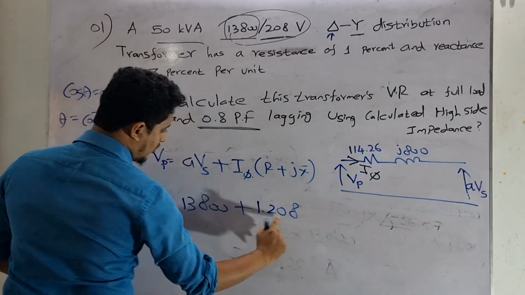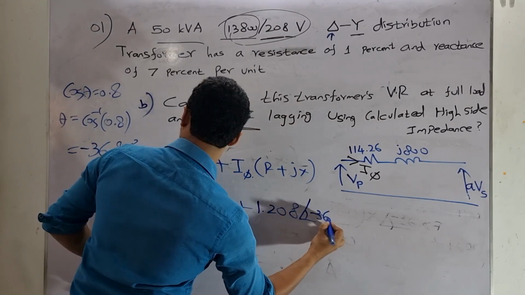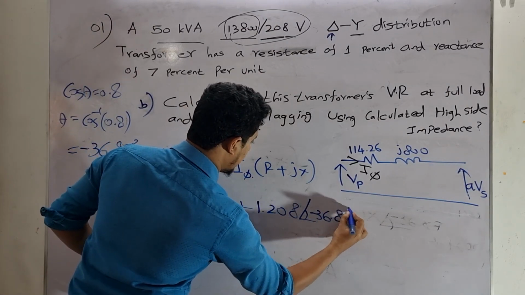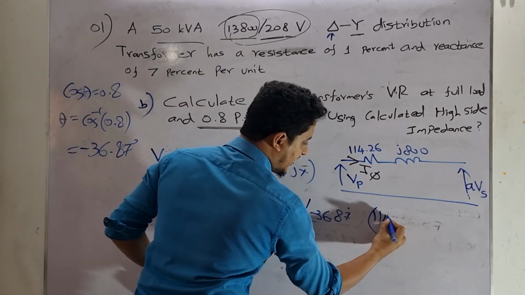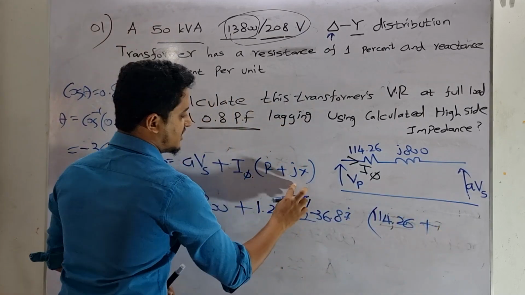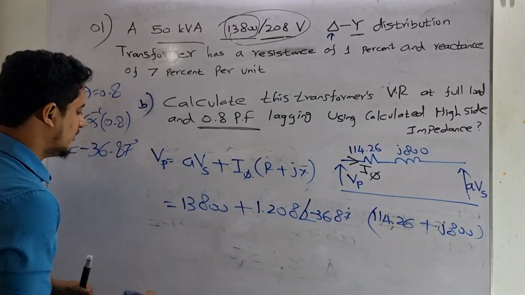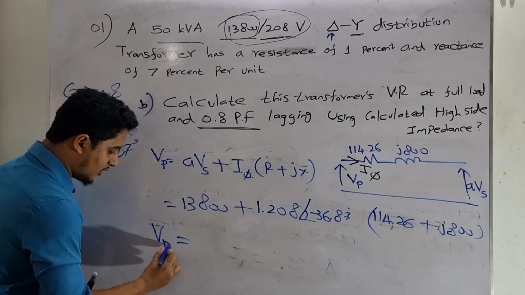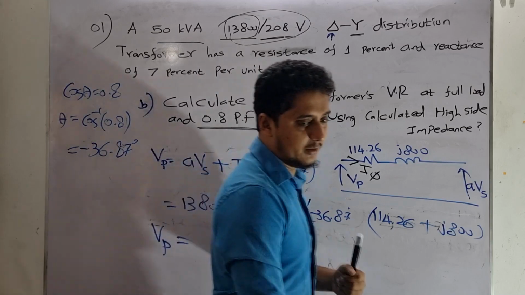So 1.208 angle minus 36.87, multiplied by R. What is R? 114.26 plus j800. So if you calculate those things, you will get the input voltage. So what is the input voltage? If you use this equation, we can calculate the input voltage.